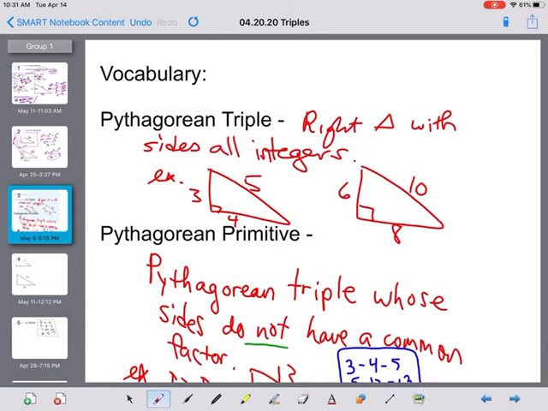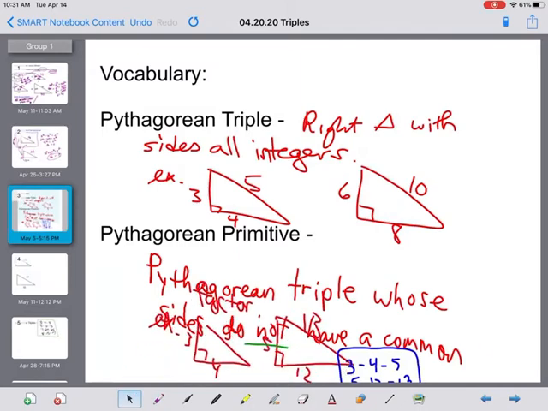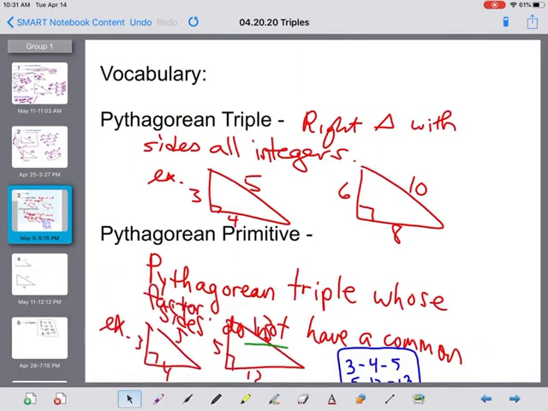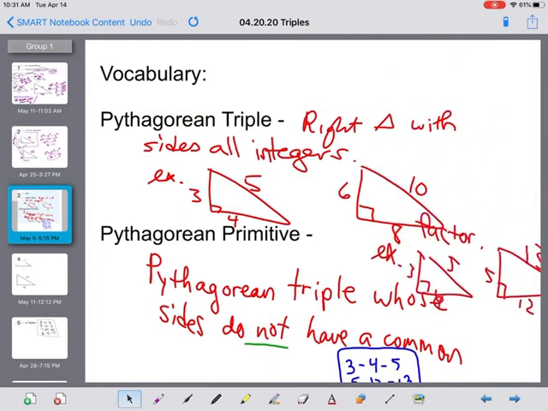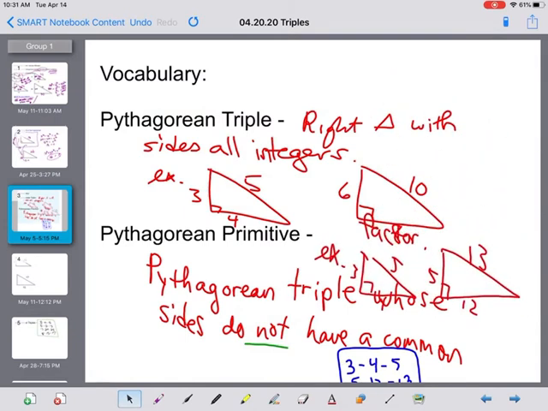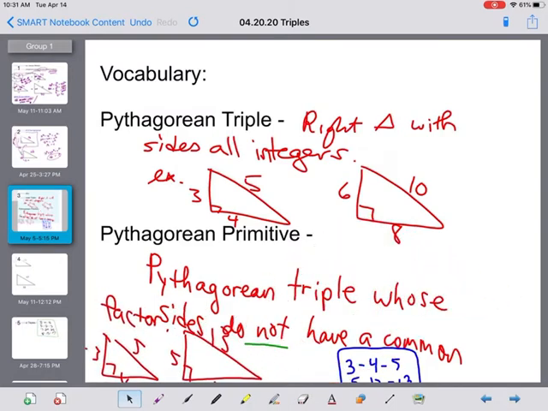And then a primitive is a type of triple whose sides do not have a common factor. So we have 3, 4, 5, 5, 12, 13, and then there's going to be 2 more that we're going to add shortly.